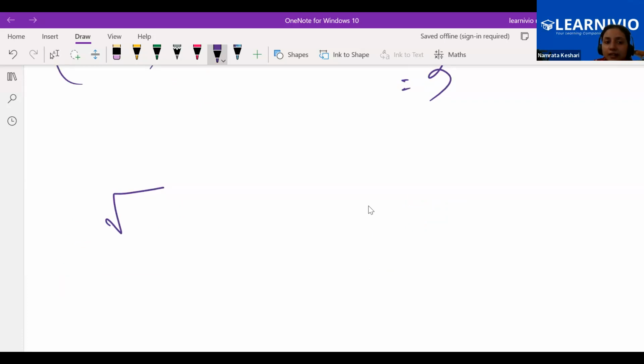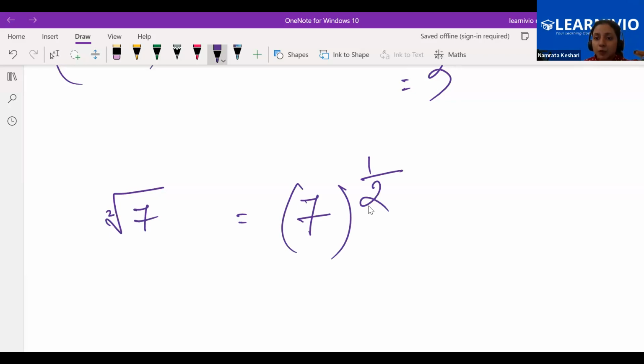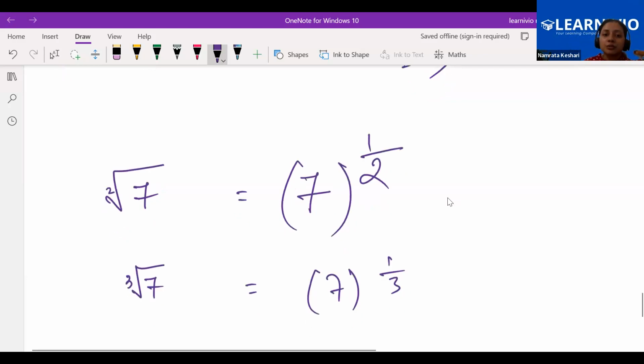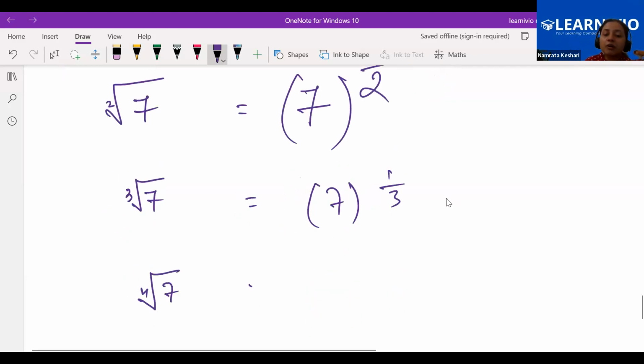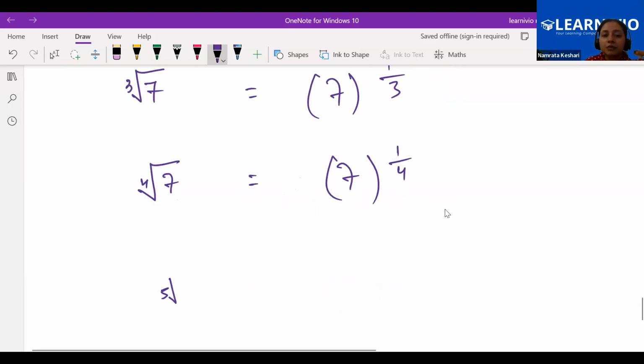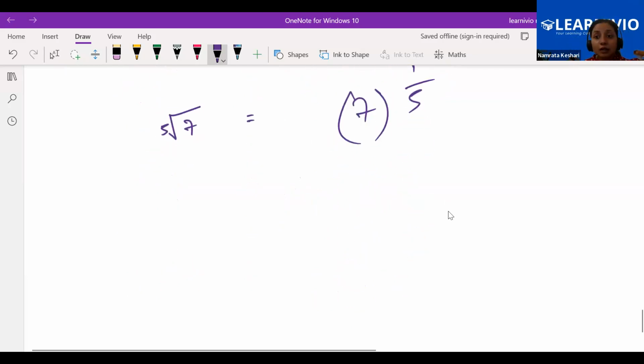Now you should also know that whenever we have a square root of, let's say, 7, it can be written as 7 to the power 1 by 2. This is the square root; in the exponent form it will be 1 by 2. If it is the cube root, in the power form it will be 1 by 3. If it is the fourth root, it will be 1 by 4. If it is the fifth root, it will be 1 by 5. The 5 is not multiplied; there is a difference.